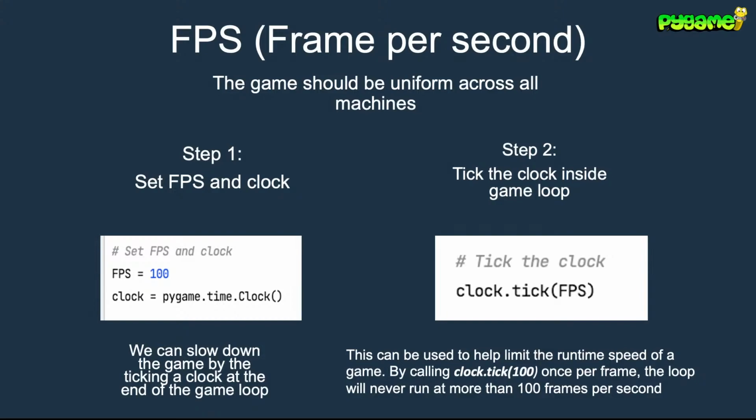The FPS is the limitation of our loop, of our frames per second, in order to make our game uniform on different machines, to work with the same speed, and not to change the velocity, not to change the step manually, because it's not good behavior.